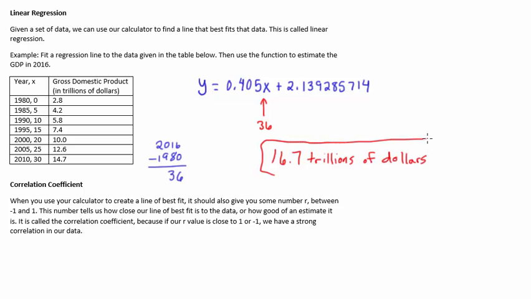Now, depending on what kind of calculator you use, when it gives you that A and B information, it may also give you an R value. So that's what the bottom part of this is talking about. That R value is called the correlation coefficient, and it should be a number that's between -1 and 1.